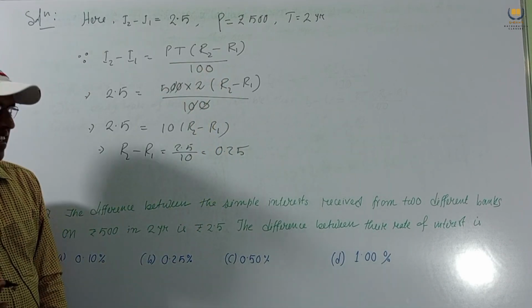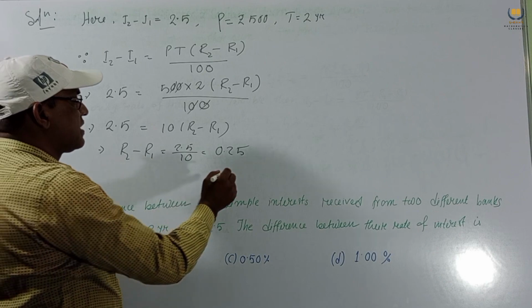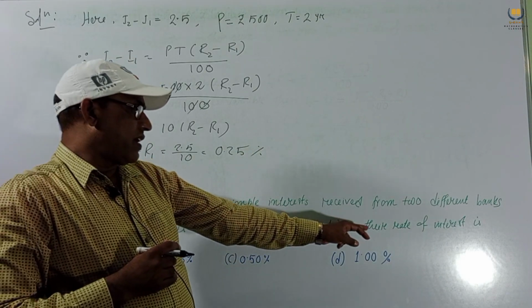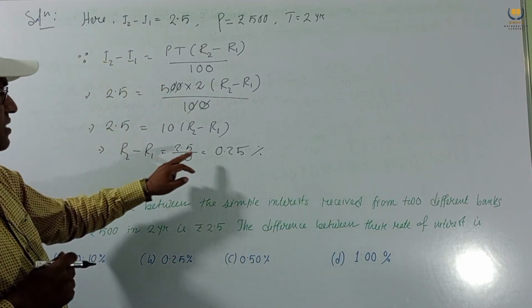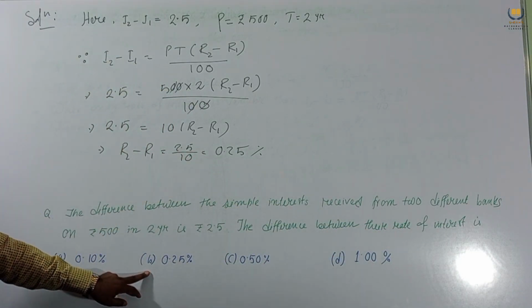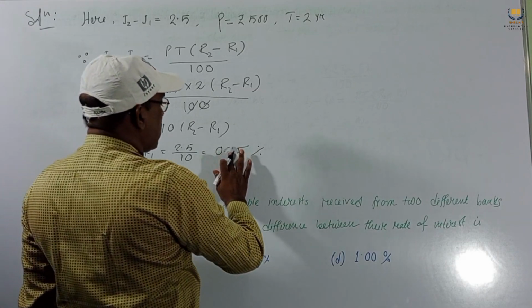This is our answer: 0.25%. The difference between their rates of interest is 0.25. Option B is the correct option.